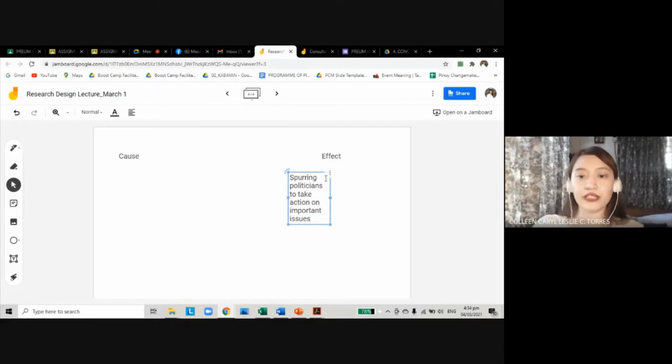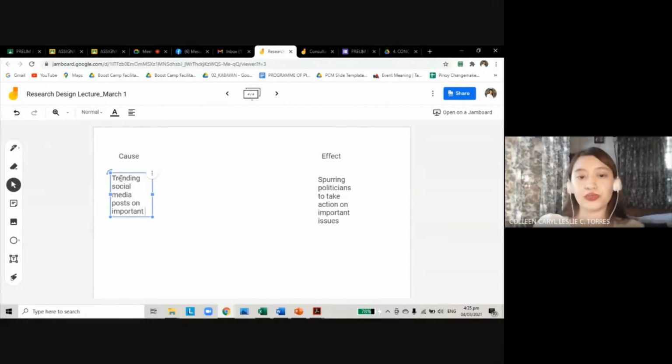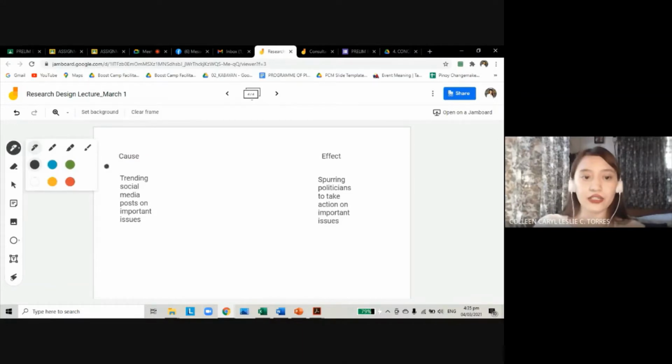So that's the effect, and then the cause of politicians taking action is social media, trending social media posts on important issues. So here we see, class, that the cause of the action of a politician is the attention, not the trending social media post. Supposing this is what we're trying to investigate, right?